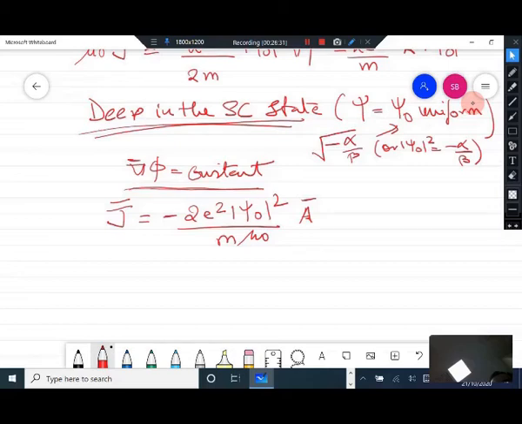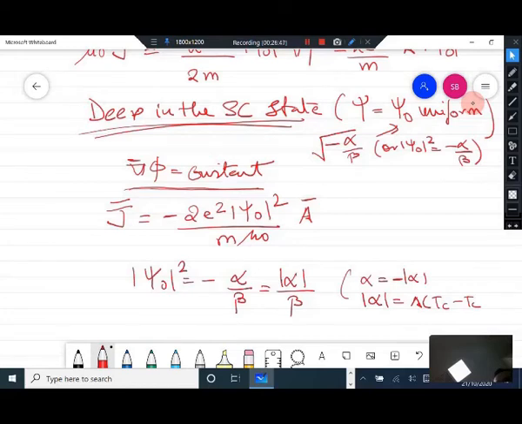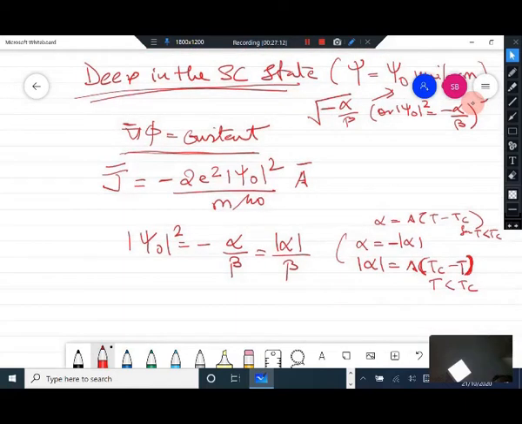Mod of alpha is A, Tc minus T, for T less than Tc. So you can write alpha as minus of mod alpha, and so this is how psi naught square will be.